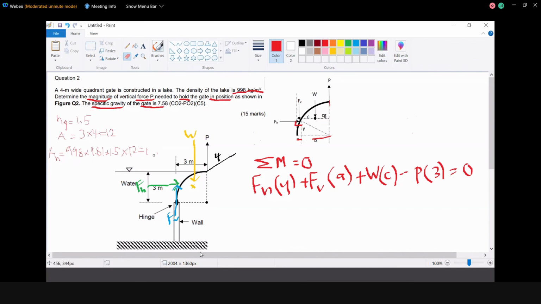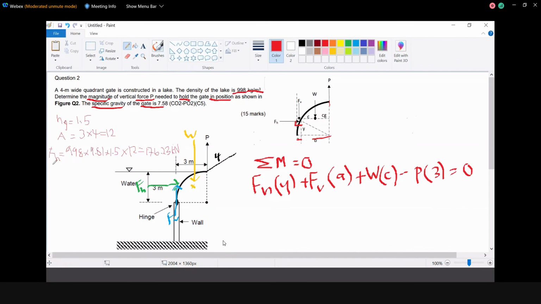Yang lain dapat sama? Kita check answer sama dengan kawan-kawan. Ya, doktor sama. Okay, 176.226, 0.23 lah kita tulis. Kilonewton, kan? Kilonewton ke newton? Kilo. Okay, good. So, after that, kita nak cari pula untuk FV.